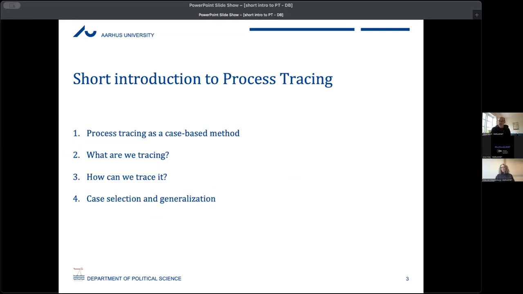But beyond that, this is also one of the strengths of the method as it's developing, that we're able to span across different research traditions, and maybe there is also a more interpretivist variant of process tracing. I'll talk briefly about what we're tracing and real briefly about case selection, because that's a huge issue, a huge discussion, but it's also very quickly summarized.